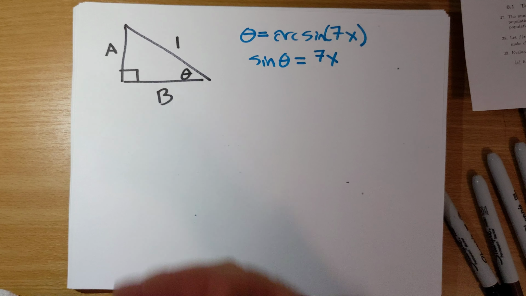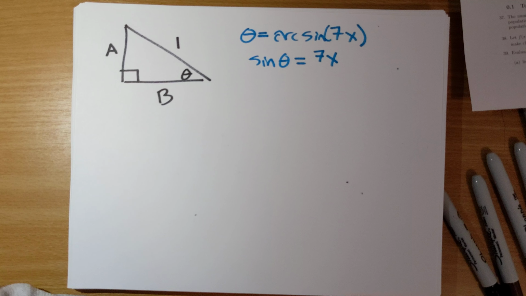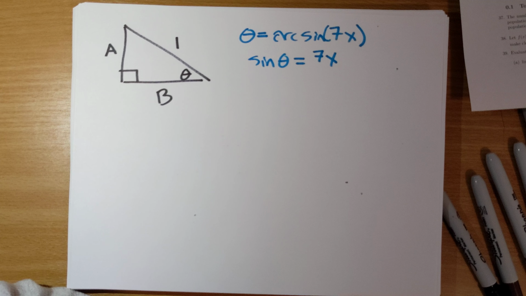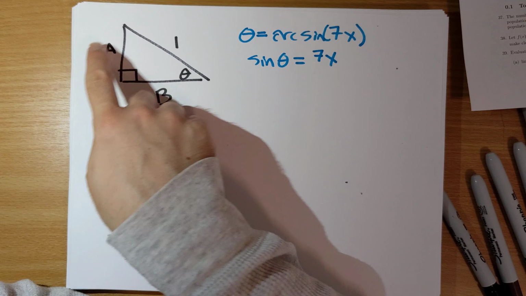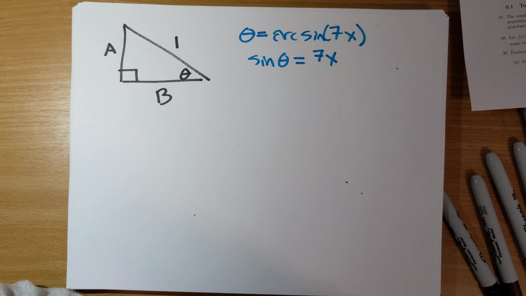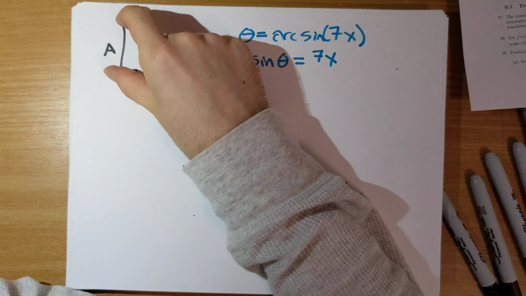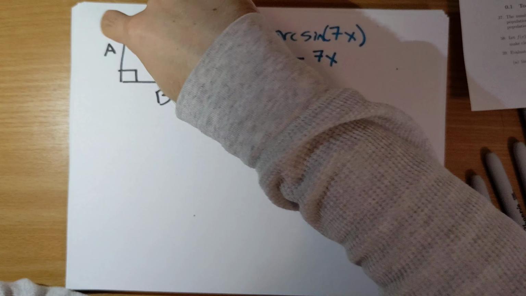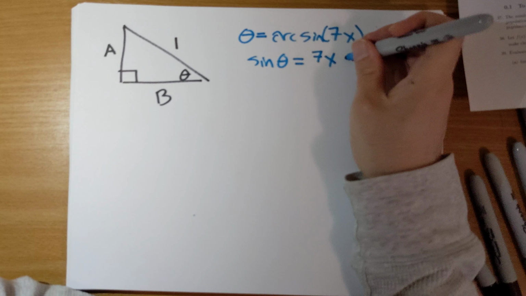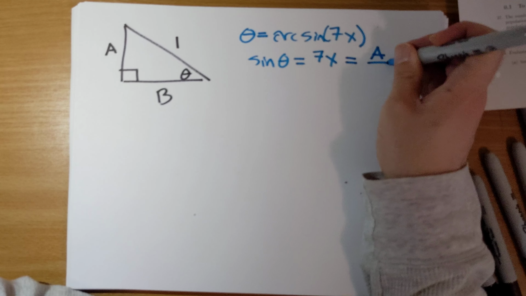From this picture, how does sine theta relate to a, b, and the 1 here? Sine theta is the length of the opposite side divided by the length of the hypotenuse. So this is going to be a over 1.